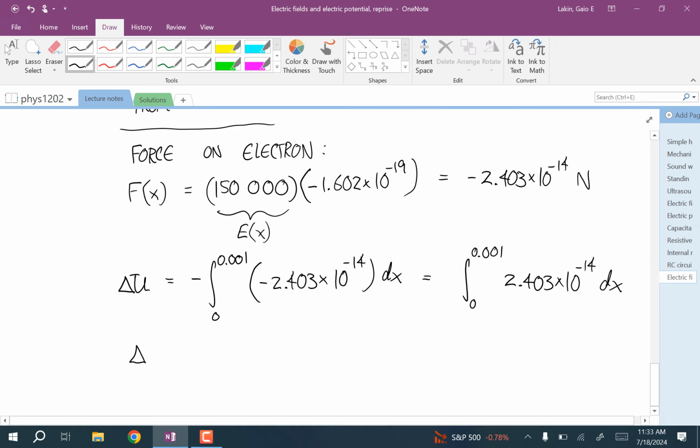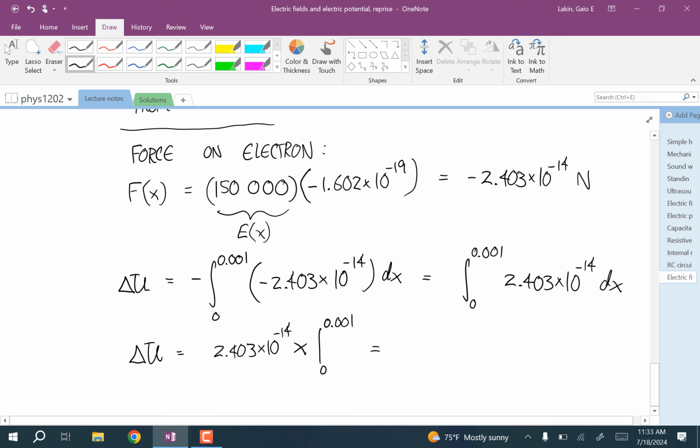Now just use the integral rules. This is a constant, and so we get 2.403 times 10 to the minus 14 x, evaluated from x equals 0 to x equals 0.001.